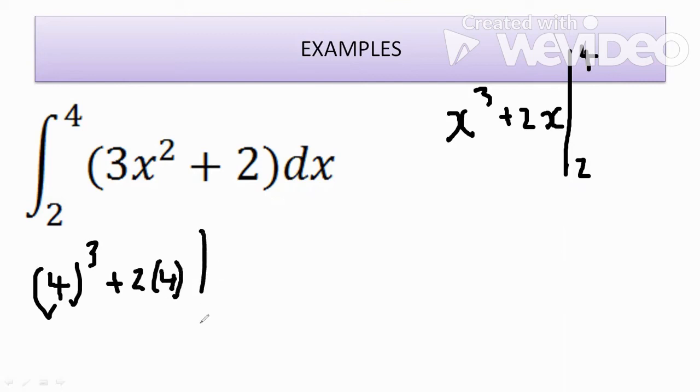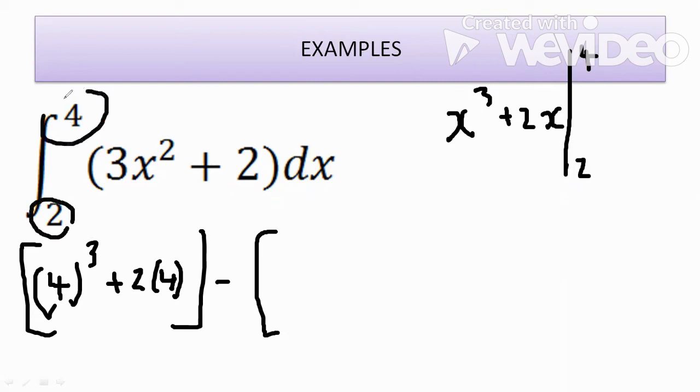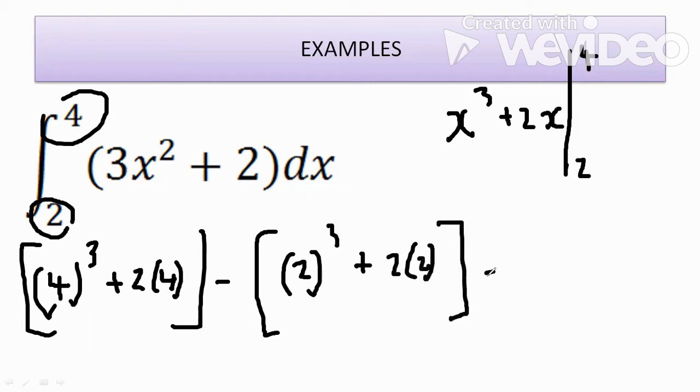And then I'm going to subtract the lower limit from the upper limit. So I'm going to replace x with 2 in the answer. So it'll be 2 cubed plus 2 times 2. And we'll just simply work that out.